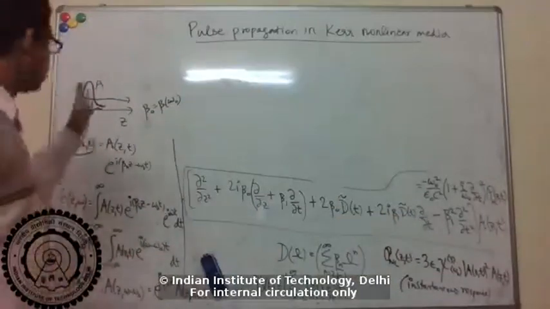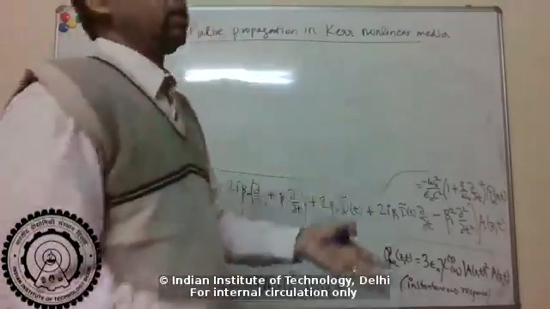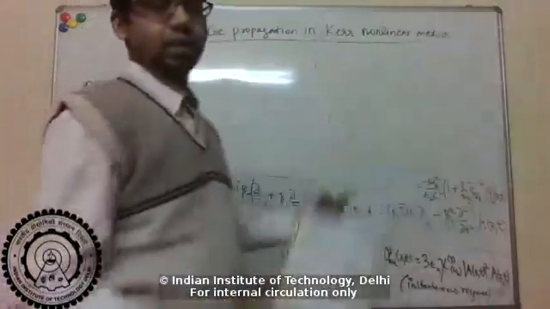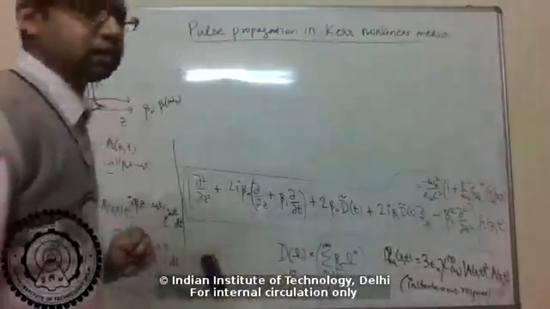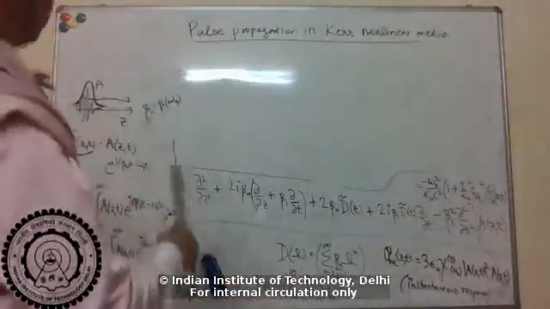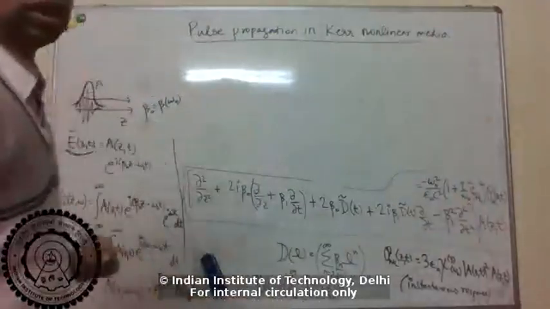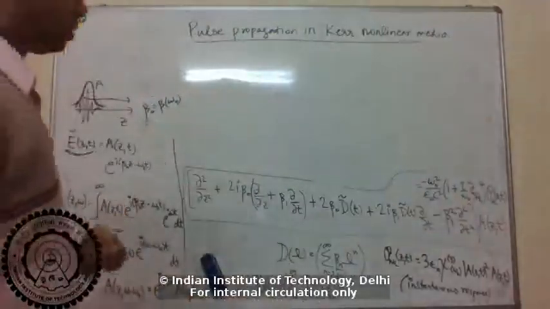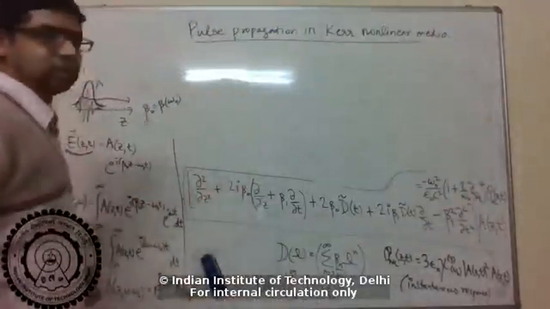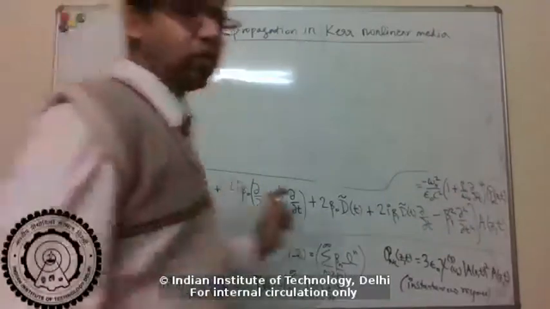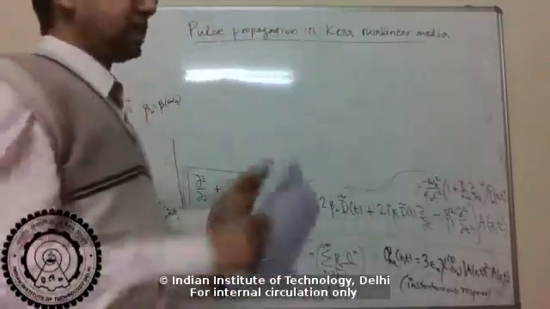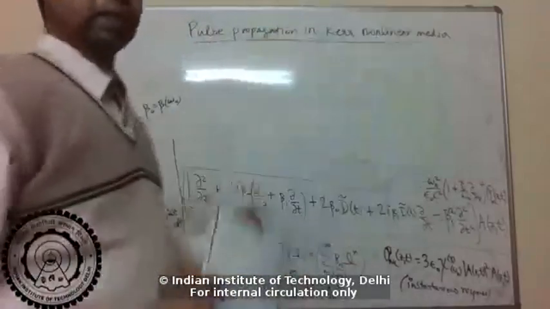So if we move to a frame which is moving with the pulse, then it will look as if the pulse is stationary, and we will see only the local changes in the pulse shape, right? Right now we are in a frame where we are seeing the pulse move with time, but it's more convenient to transform to a coordinate system where we are sitting, let's say, at the center of the pulse and then moving along with the pulse at the group velocity. So then we don't see the pulse moving, it's stationary, and any changes we see are changes happening in the pulse envelope.